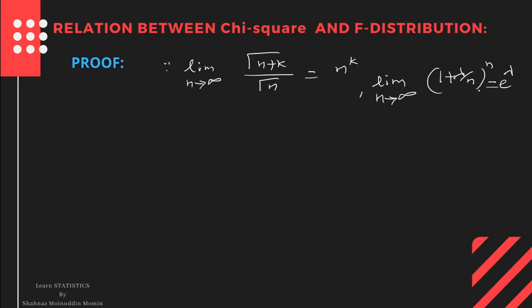This formula which we have already learned in the theory of limit and gamma functions. We will use this formula in order to take the limit of our PDF of F distribution.